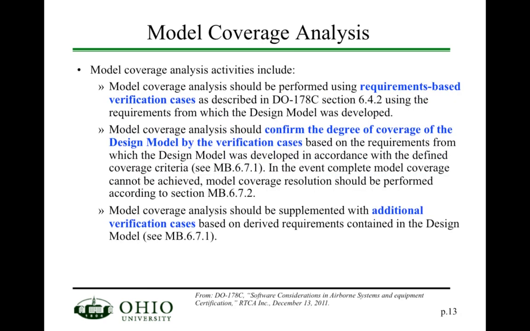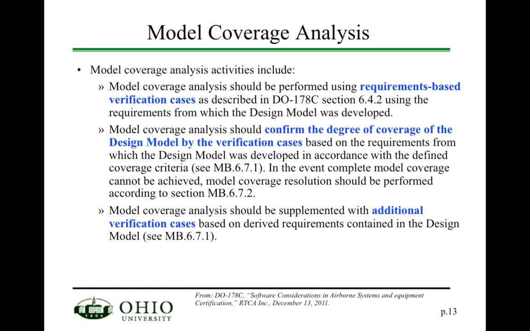So basically, we can break it down into 3 things. First of all, you figure out what verification cases have been established based on the requirements from which I developed my design model, and then you confirm the degree of coverage of the design model by these particular verification cases.